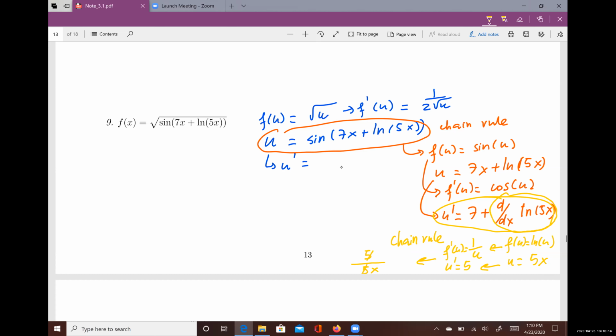So then you can just get rid of 5. It's going to be 1 over x. So 1 over x is the derivative of natural log of 5x. Then u prime here equals 7 plus 1 over x. So this u prime equals 7 plus 1 over x.